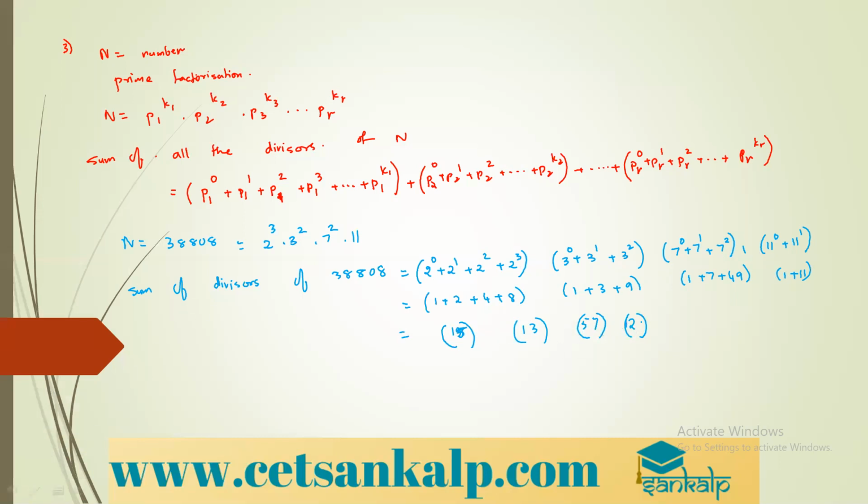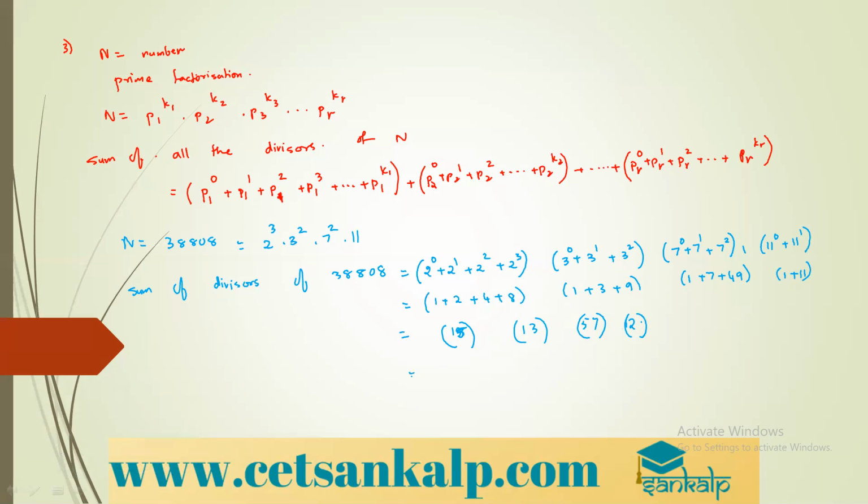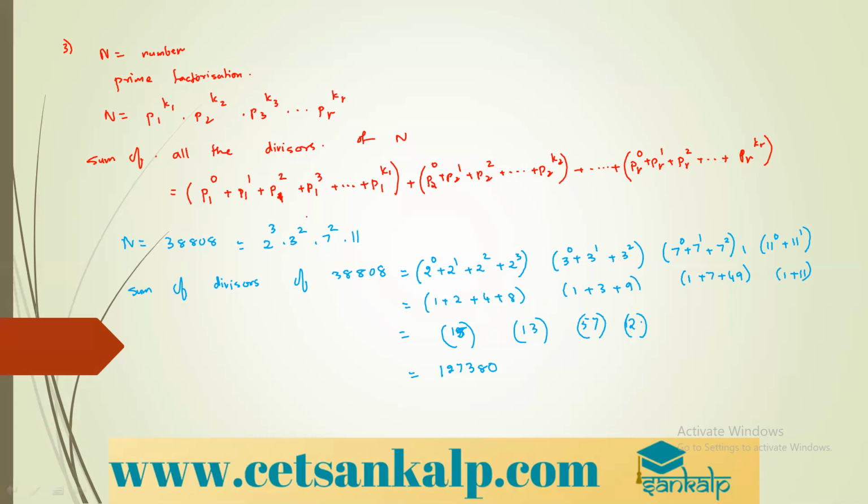Once we find the product, we will get the sum of divisors. On multiplying all these, I get 1,27,380. So now I hope it is clear that to find the sum of divisors, you have to take all these and finally multiply.